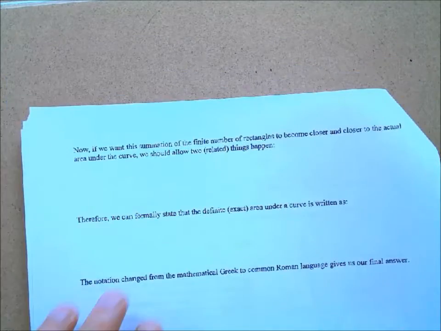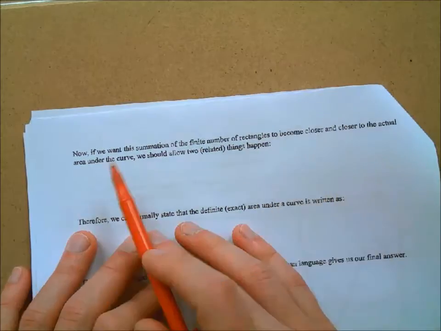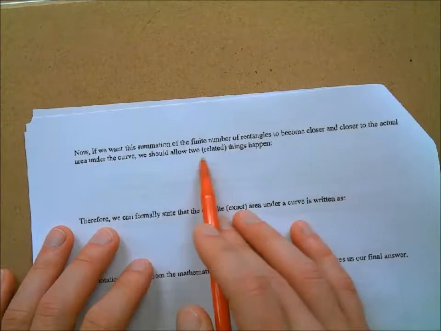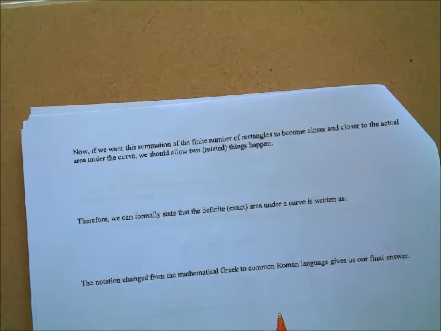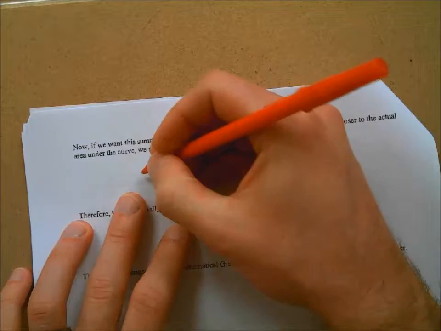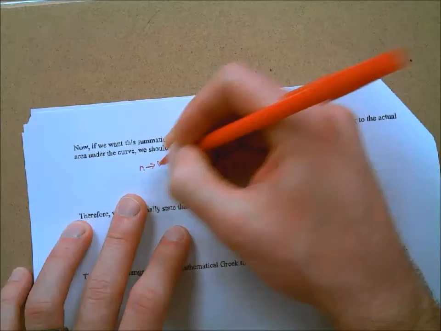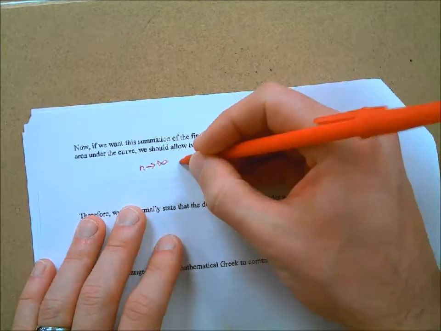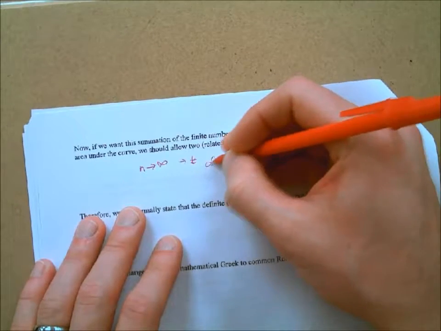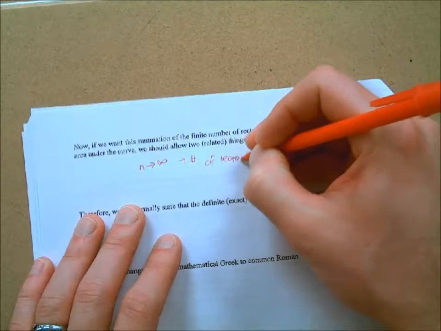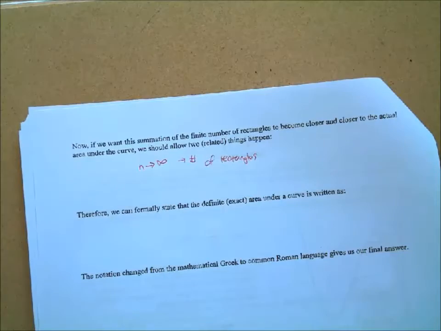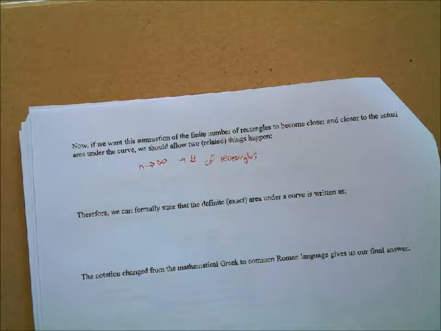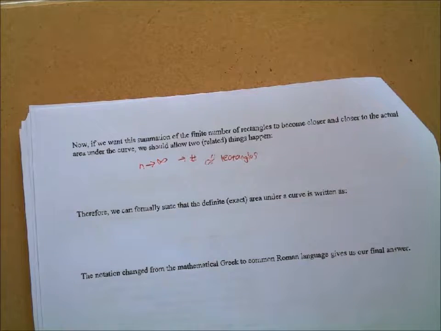So if we want it to become closer and closer to the actual area, we should allow two related things to happen. The first thing we should do is allow n, the number of rectangles, to go to infinity. The more rectangles, the more accurate it will be.